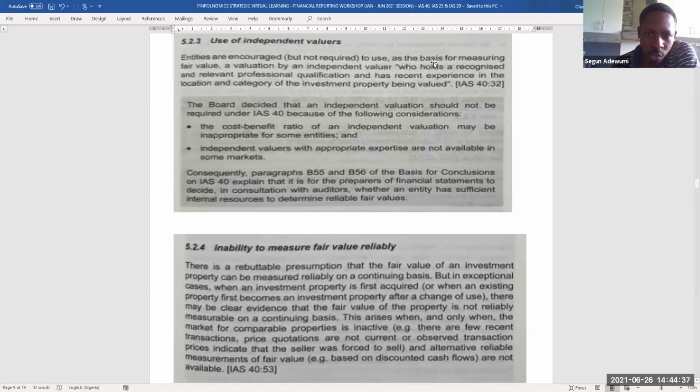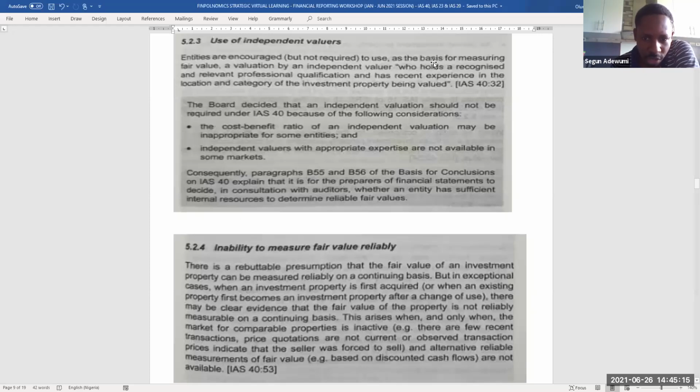First, the cost-benefit ratio of an independent valuation may be inappropriate for such entities. And secondly, independent valuers with appropriate expertise are not available in some markets. Consequently, paragraphs B55 and B56 of the basis for conclusions on IAS 40 explain that it is for the preparer of the financial statements to decide in consultation with auditors whether an entity has sufficient internal resources to determine reliable fair values.